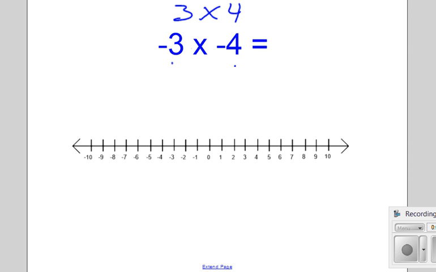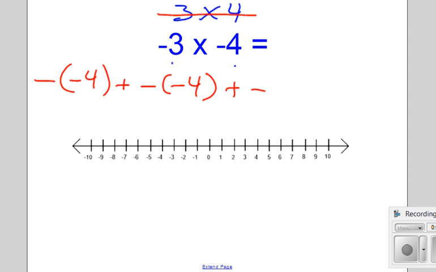If we were to break this down, let's go back to our -3 times -4. So technically we have -3 groups of -4. So I could write that out. I have a -4 group plus a -4 group, plus a -4 group.